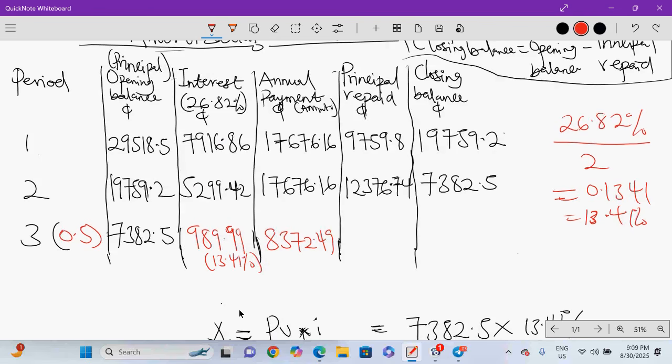What will be our principal repaid? 7382.55. So at the end of the day, we'll finish paying the loan.